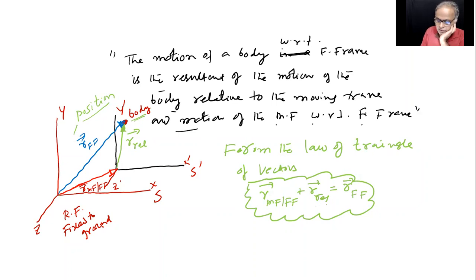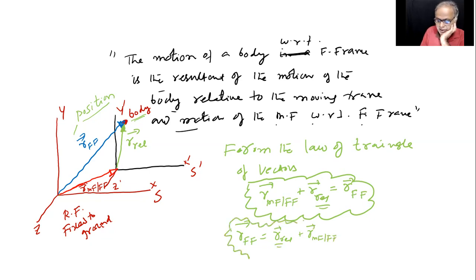You can write this first if you want. Here say R FF, position of the body with respect to ground frame or fixed frame is position of the body relative to the moving frame plus position of the moving frame with respect to fixed frame.